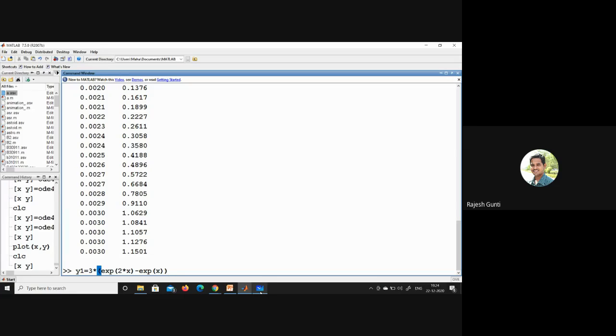So these y1 values are the analytical solution values at the given x values.